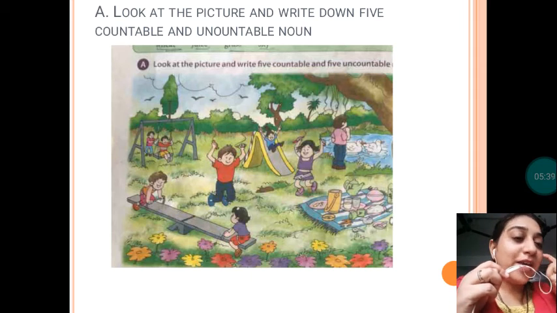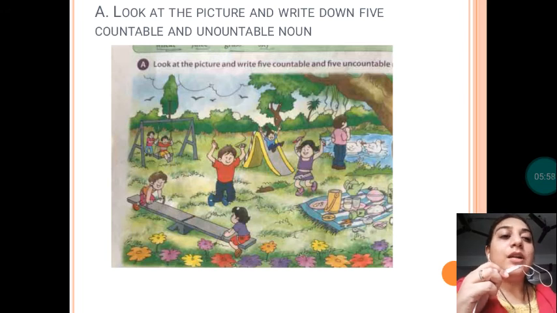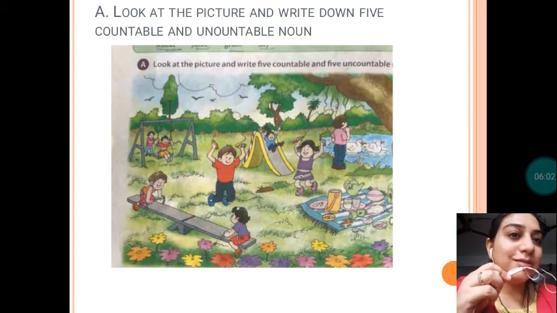Otherwise we have seen that we use words like a few, few, many for countable nouns, and for uncountable nouns we use words such as much, a little, a lot of, or plenty of. All these words are used for uncountable nouns. So I hope you are clear with this.